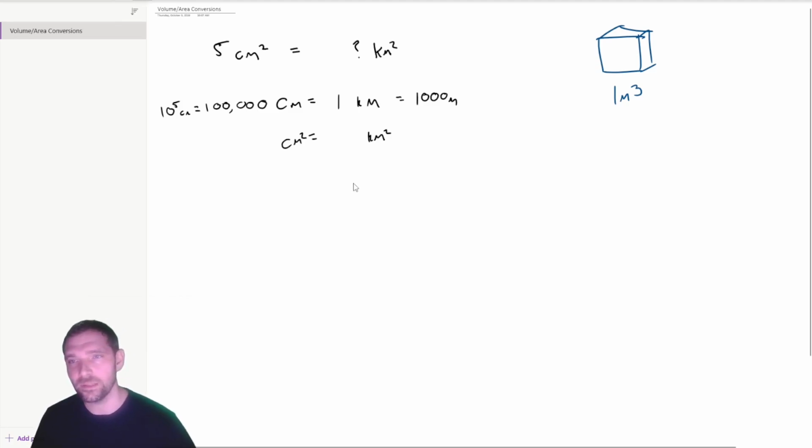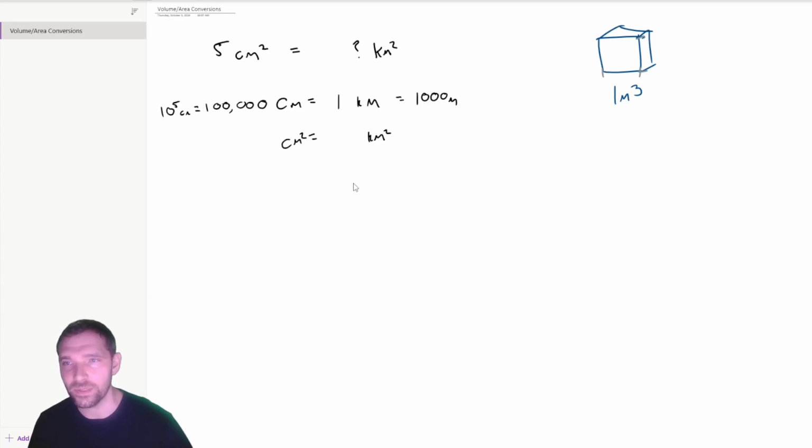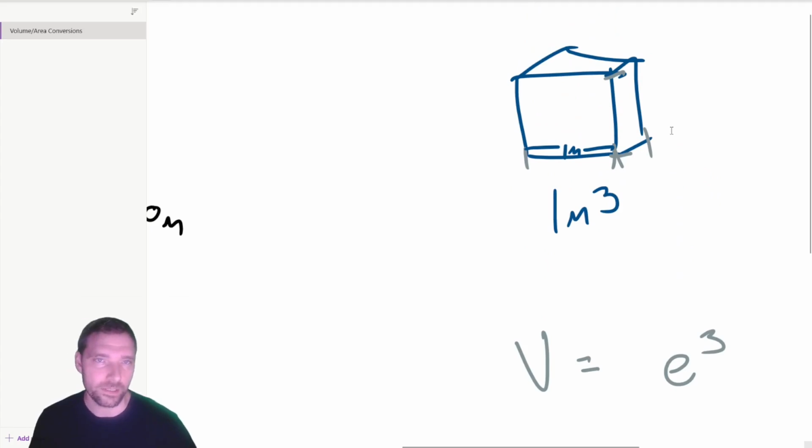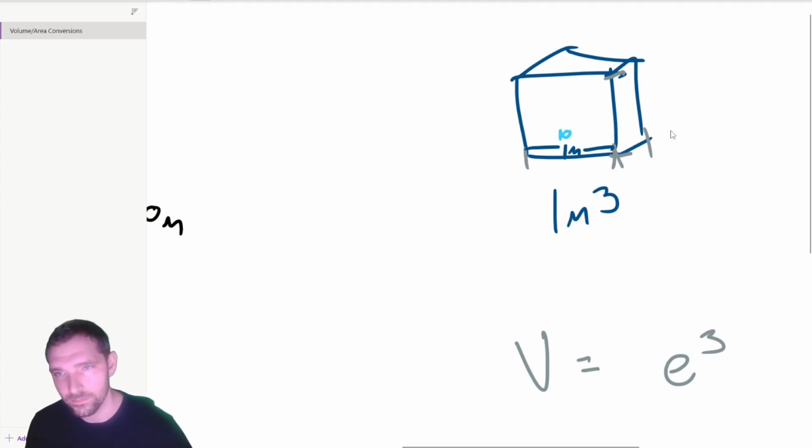Now the question is, well, these edges, how many centimeters do we have along them? Because I know my volume of something is going to be my edges cubed. So if each one of these is 1 meter long, that means that it is going to be 100 centimeters long.